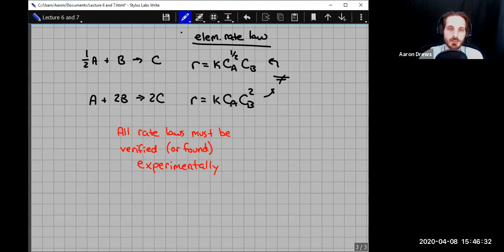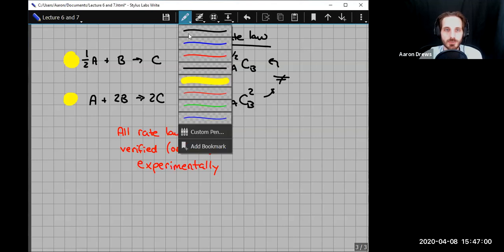But this sort of begs the question, right? I am definitely allowed to write the equation like this or like this. Nothing is stopping me from doing that. But how do I know whether I write the rate law like this or like this? Lacking an experiment, you cannot tell. There is no way to know which is the one that actually represents the real system. You have to do an experiment. We avoid that by just giving you the rate law and saying this is the one that it follows.